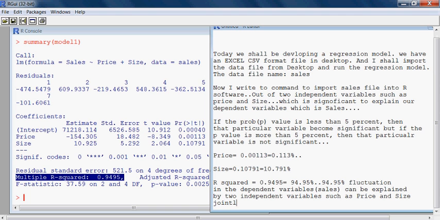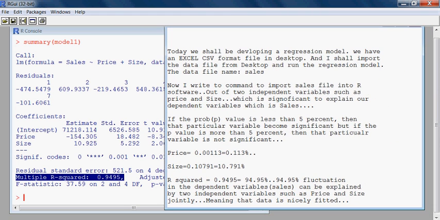It means like that, right? That means 94.95% variation in sales can be captured by two variables such as price and size jointly, meaning that data is nicely fitted, right? Data is nicely fitted. So that means this model is nicely fitted, right?